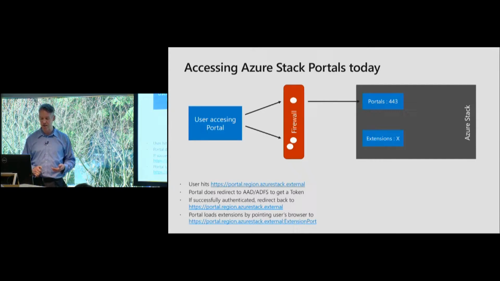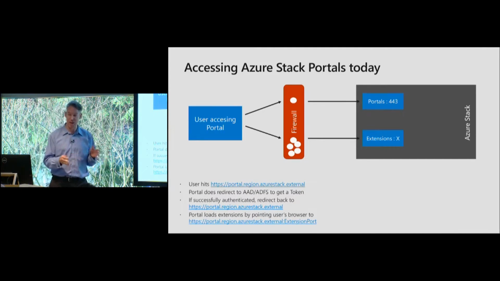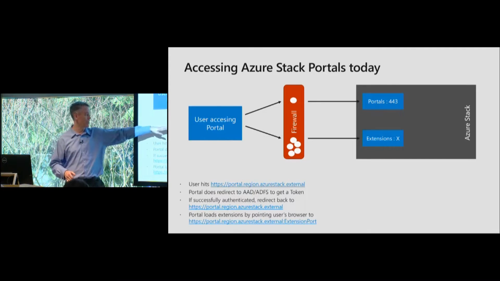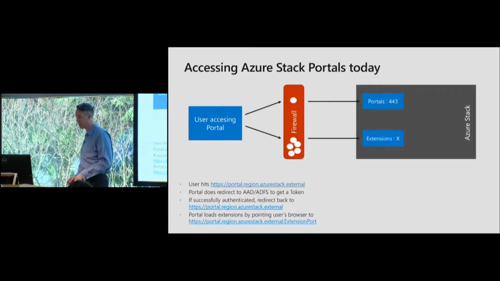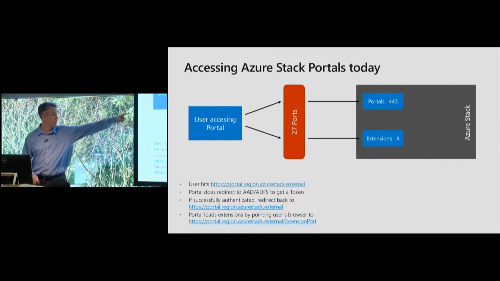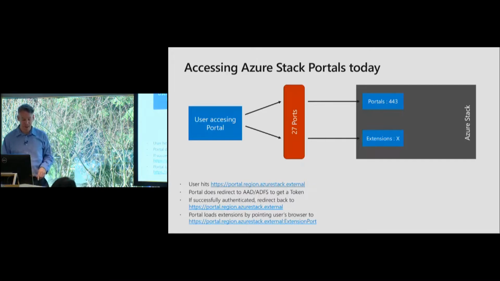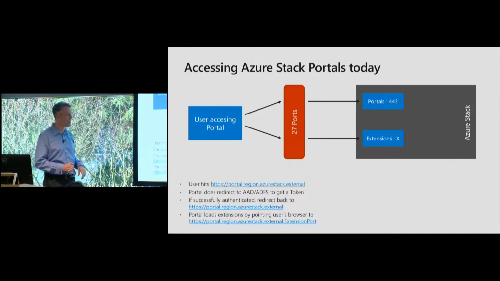That sounds like one of the traditional terrible things that Microsoft has done, requiring a whole pile of holes in the firewall. So that's what used to happen up until the end of 2018. This is obviously a problem because if this is an external firewall, you're asking for a whole pile of ports to be opened. 27. There you go. Look, 27. I knew that.